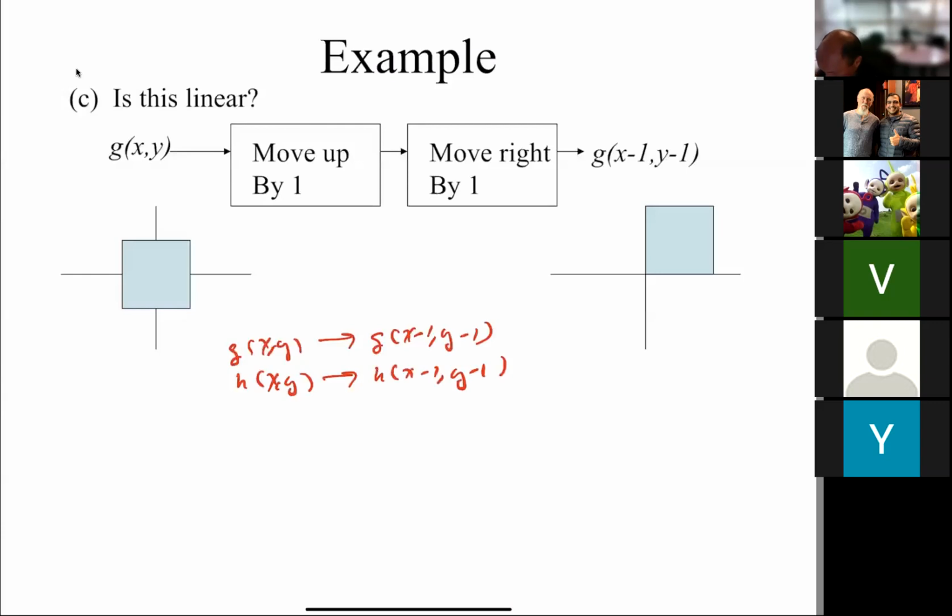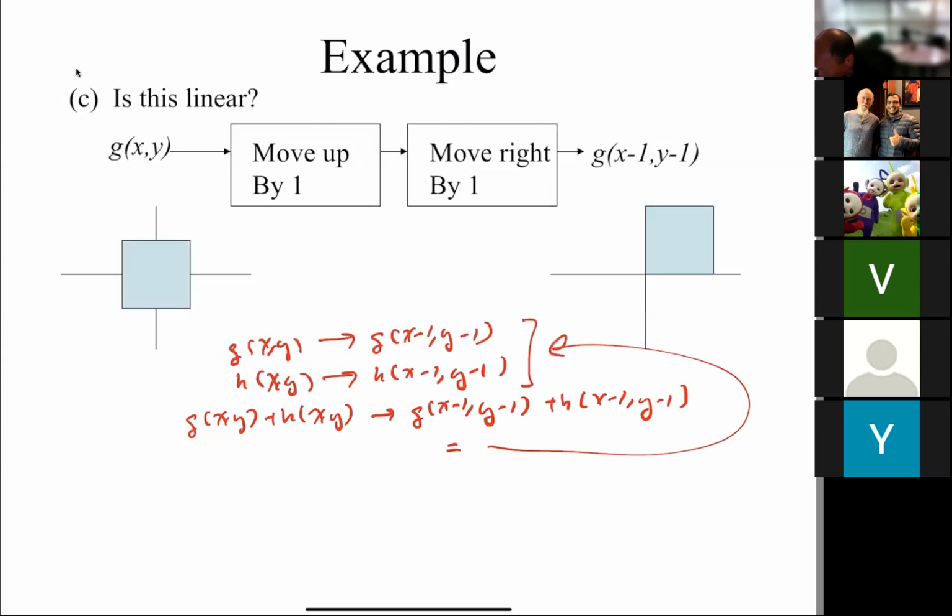Now let's say I come in with some function g(x,y) plus h(x,y), so now it's a sum of those two things. The system just says shift that whole thing up by 1, right by 1. That's basically going to shift both elements, and that equals the sum.